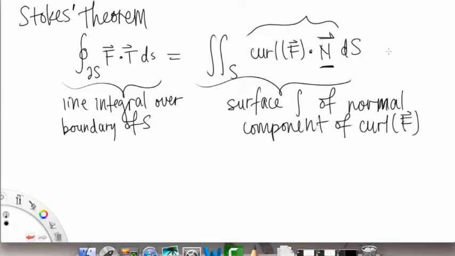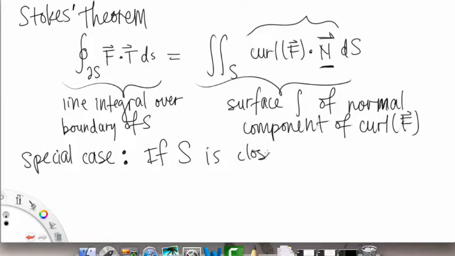Okay? So there is a special case. I noted this on the second slide of this video when I was drawing three different examples of surfaces, though of course there are many more. The special case is if the surface is closed, which means you have an empty boundary.